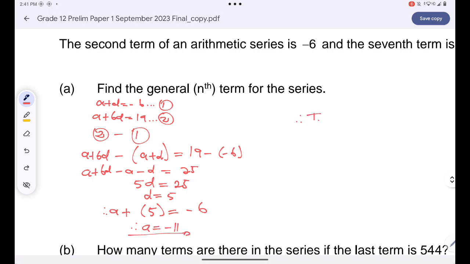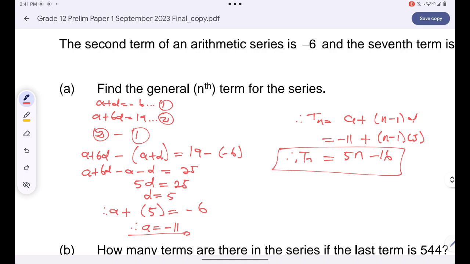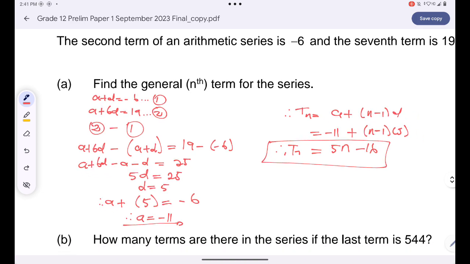And hence, tn will just be a plus (n minus 1)d. There's -11 plus (n minus 1). The difference is just equal to 5, and therefore the nth term of my sequence will just be 5n minus 16. So this will be the nth term, or rather the general term of my arithmetic sequence.